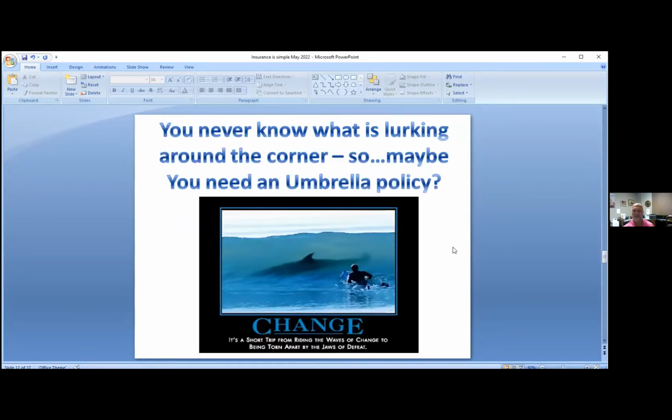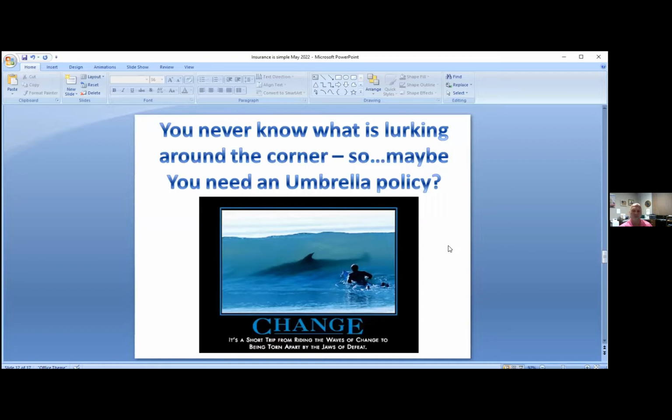Here's another one. So you think you got yourself covered, but do you? Do you really need an umbrella policy too? A misunderstanding about umbrella policies is, number one, that they're expensive, and number two, what they do. They're primarily additional liability if someone is injured due to your negligence by your vehicle or your home.